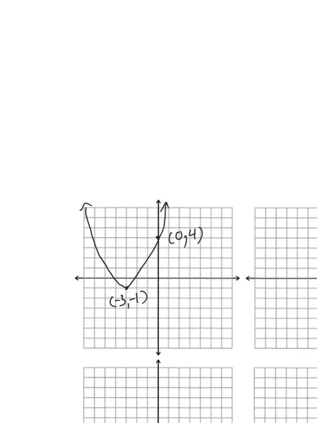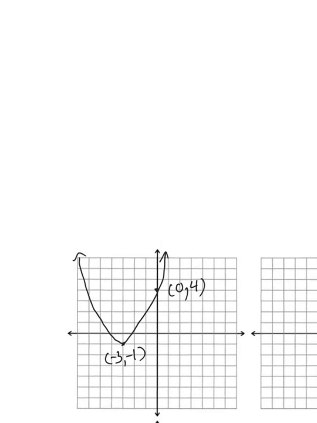And then we have to put that into our standard form. Well, luckily for us, this already gives us our h and our k, because it gives us our vertex already. So here our h is what is the x, so it'd be x plus 3 squared minus 1. However, we always have to consider there is an a. Since there's an a, we've got to find a.